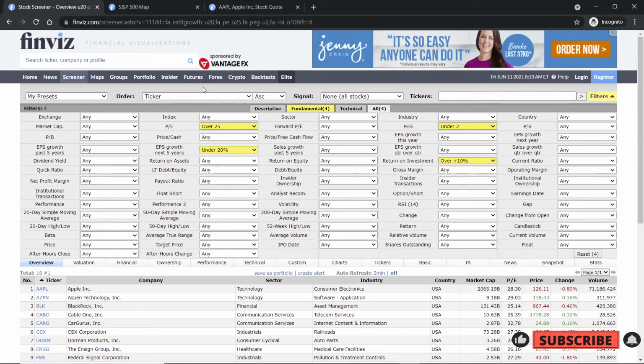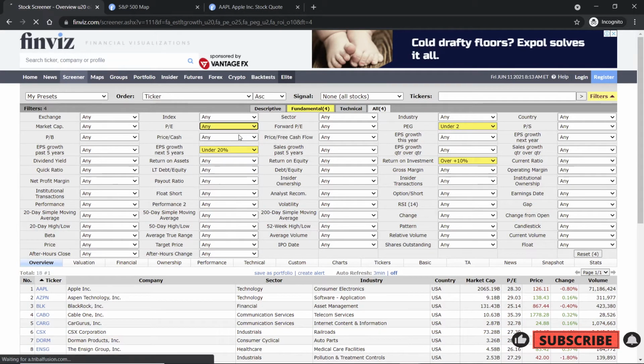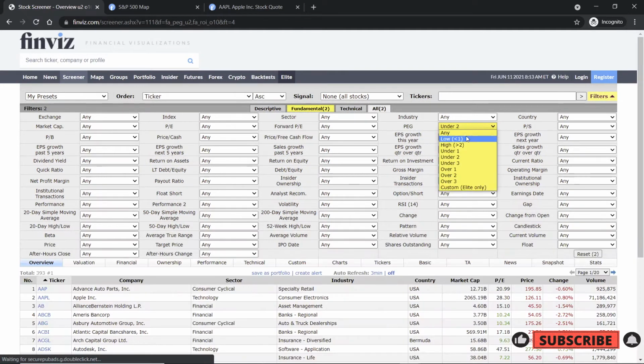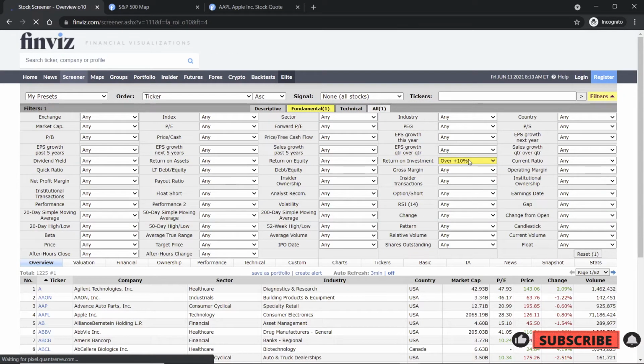And now finally the third one. What is the third strategy? The third one is where you apply the indicators yourself.